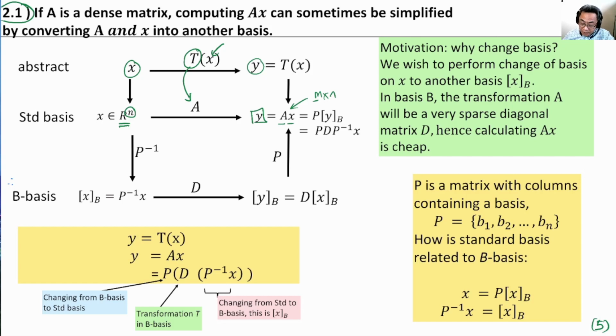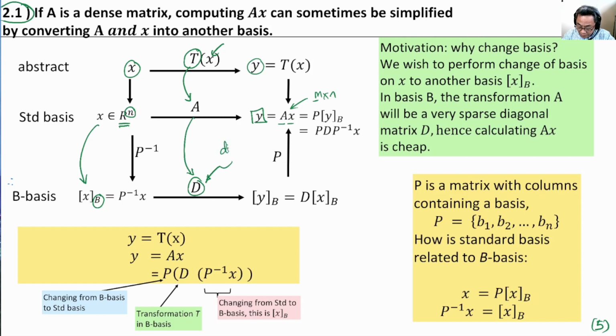Now, we wish to consider the case where it is advantageous to convert x into another basis. Let's call this basis B. And A changes to another matrix called D. How it changes we'll discuss later. But in this example, we wish D to be as simple as possible.